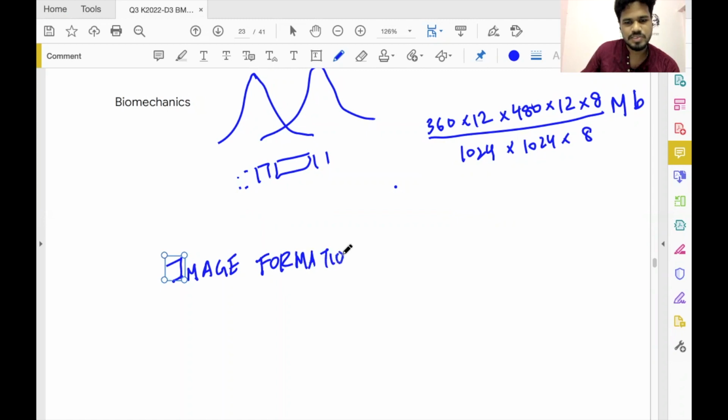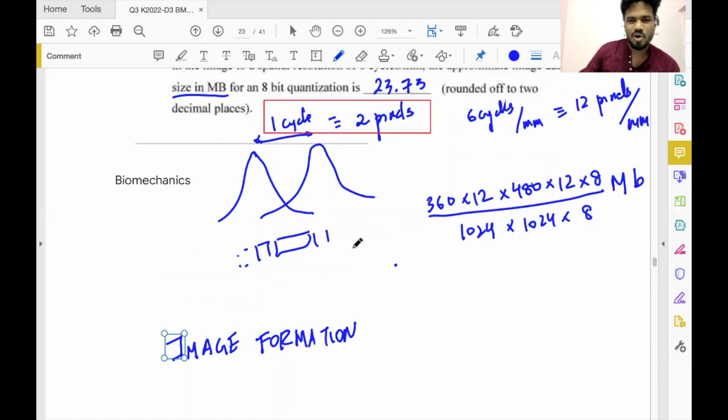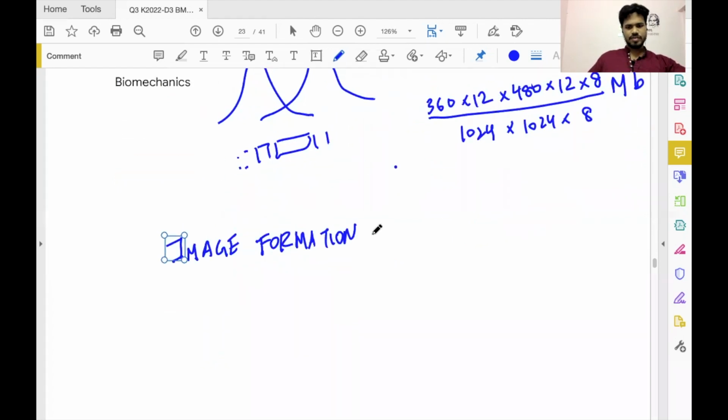Along with some other details like how do we pixelize things, what is the resolution, how is it quantified and all that. So this is still left. We look at it in a separate class.